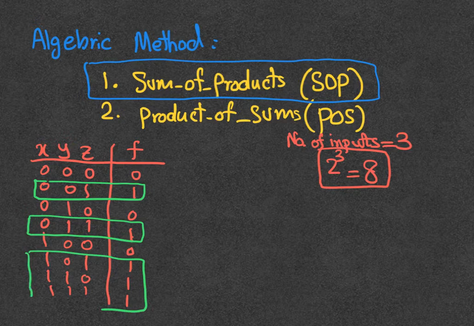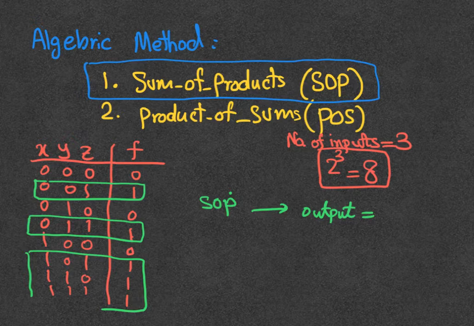So for SOP, you just look at the rows where the output is 1. And then you write down the expression for each of these rows.